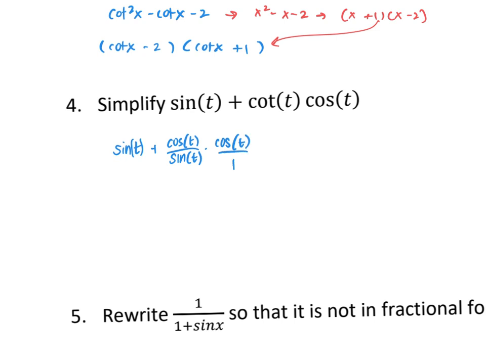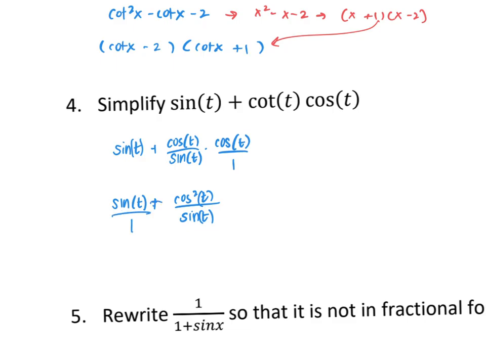And then I can write this as one fraction, and it's going to be cosine squared t over sine t. Okay, and now I'm kind of adding fractions because it's going to be over 1.